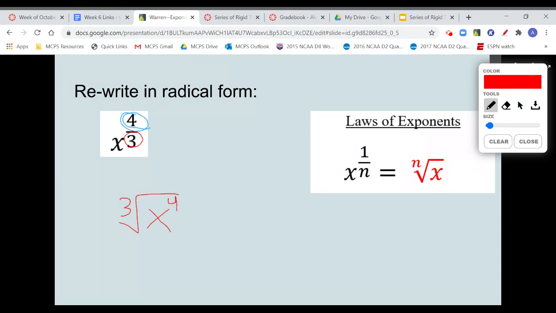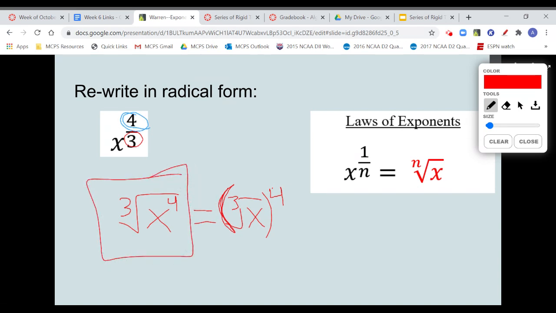The 4 stays an exponent. If you're wondering, I did write that under the radical symbol. That is the same thing as writing this, right? It's the same thing as raising the third root of x to the 4th power. But I think that this tends to look a little simpler, a little prettier, so that's how you're going to see me writing it.